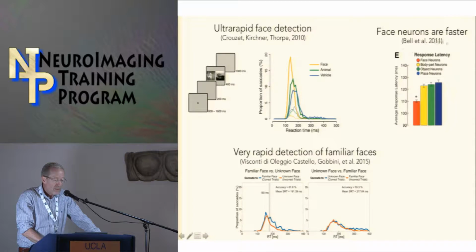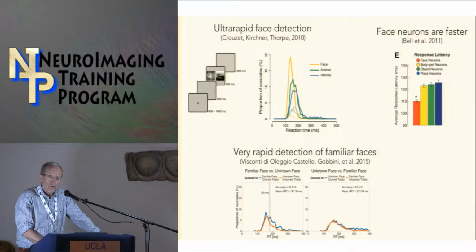Now, face neurons in monkey cortex have a faster response latency than neurons that are selective for objects or places. So this is work from Bell et al. And then this is a study by Visconti di Oleggio Castello and Gobbini, where they took Simon Thorpe's method and looked at saccades to familiar faces as compared to unfamiliar faces.